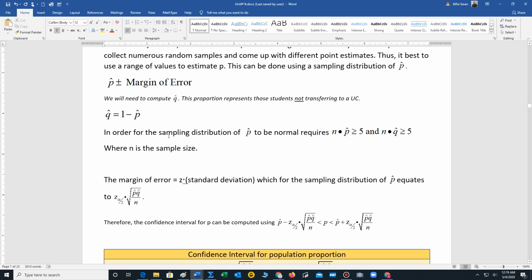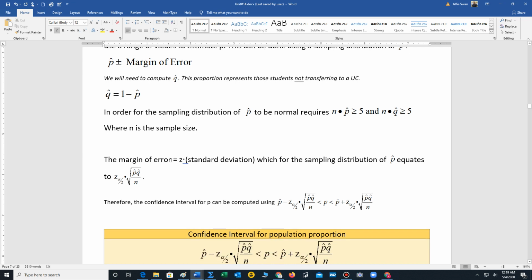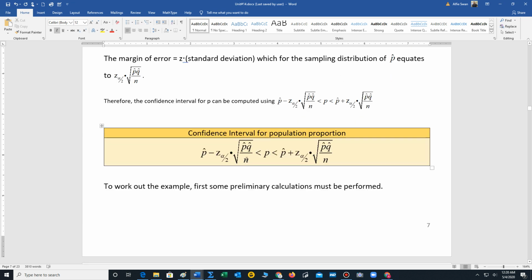Something else we need to mention: in order for P hat to be normal, we need N times P hat and N times Q hat to both be greater than or equal to 5, where N is your sample size. So it turns out that the margin of error is Z times the standard deviation, which in proportions is represented by radical P hat times Q hat over N. Thus, we have a formula for our confidence interval.